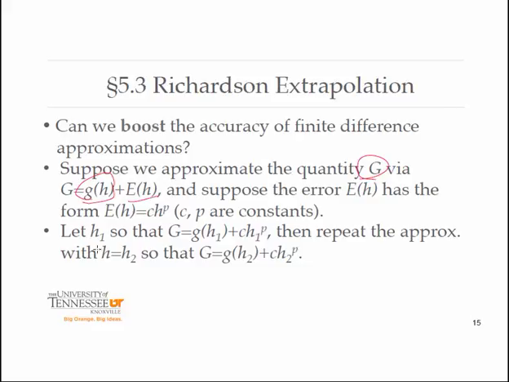So if we were to do a first approximation using this rule, we could say, let g of h1 be our approximation that we got by applying our rule, plus the error, which would be c times h1 to the p power. Then do the same approximation with a different step size.